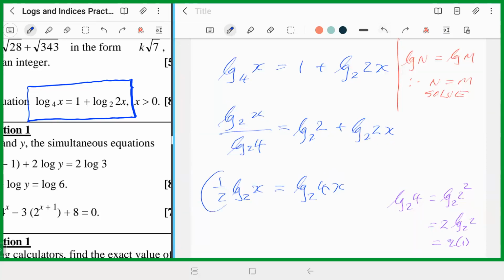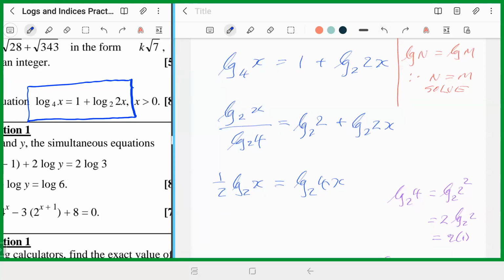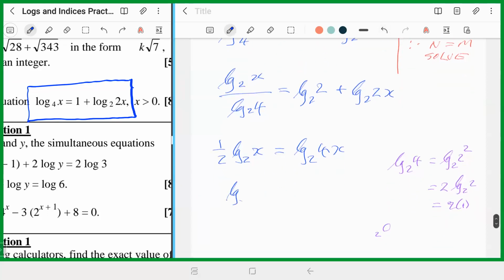What do I do with this half? Bring it up here as a power. Or I can multiply across here the 2 and bring it up here as a square. Whichever way, doesn't matter. Let me bring it up here as a power. So this is going to become log to base 2 of x to the half equals log to base 2 of 4x. Yeah?